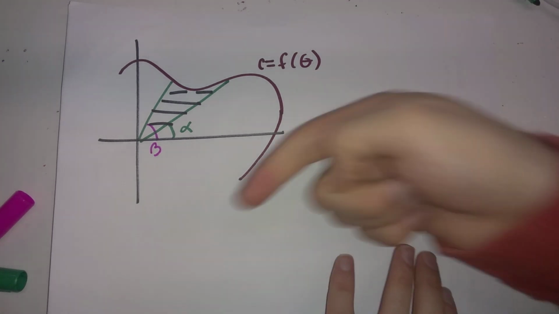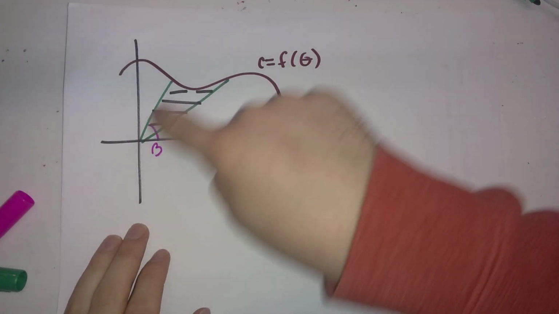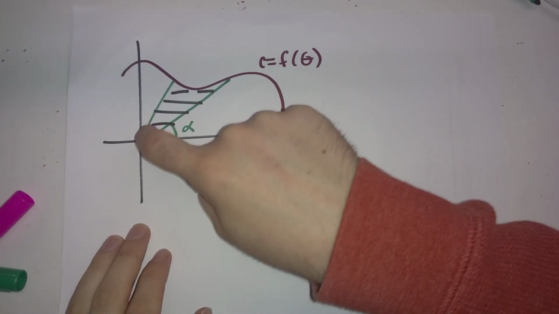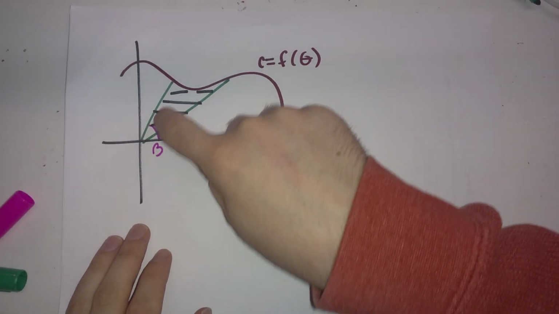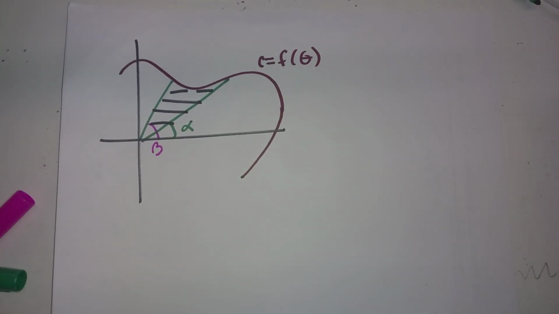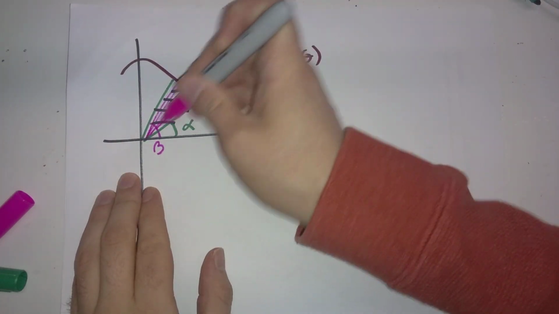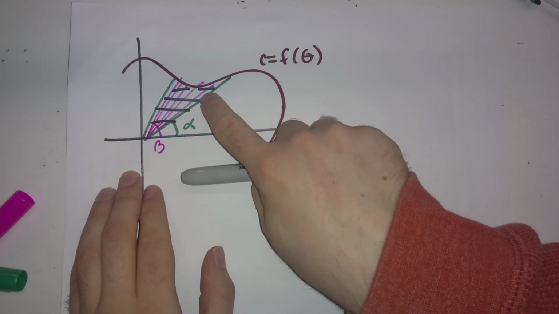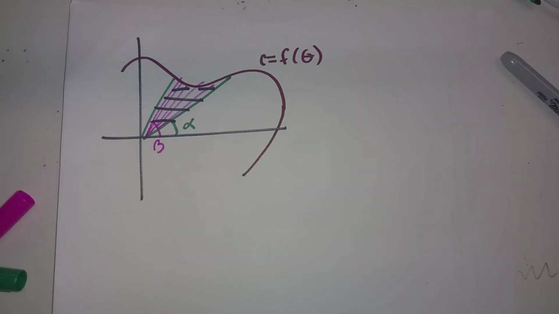Well, we're going to want to chop up into small little chunks here. And it's going to be small little wedges moving towards the origin. So we're going to have chunk, chunk, chunk, chunk, chunk, and we're going to look at each one of these little wedges here and figure out what's going on.